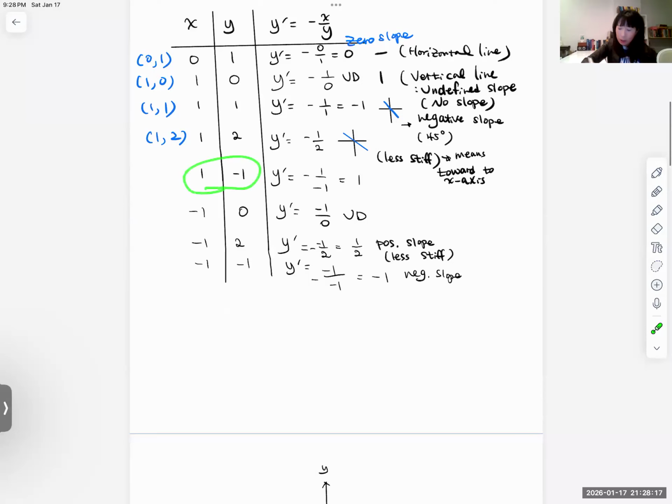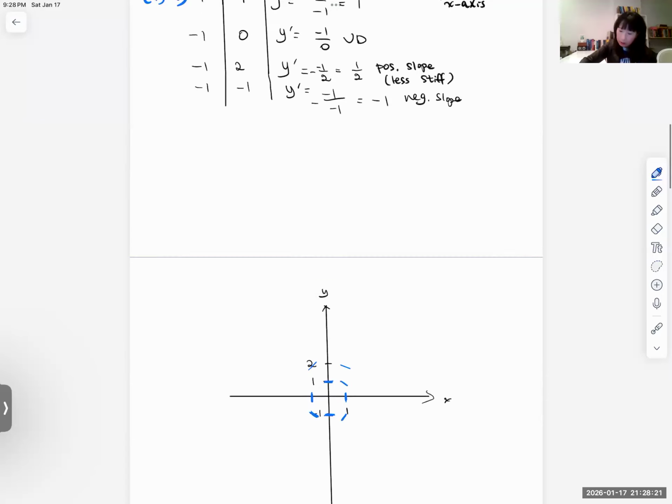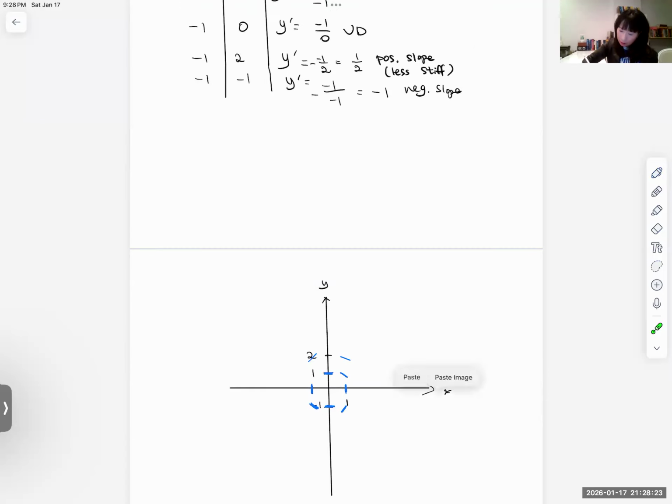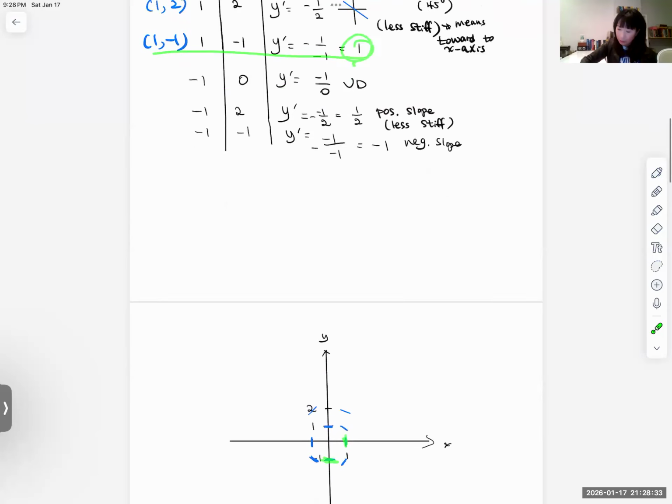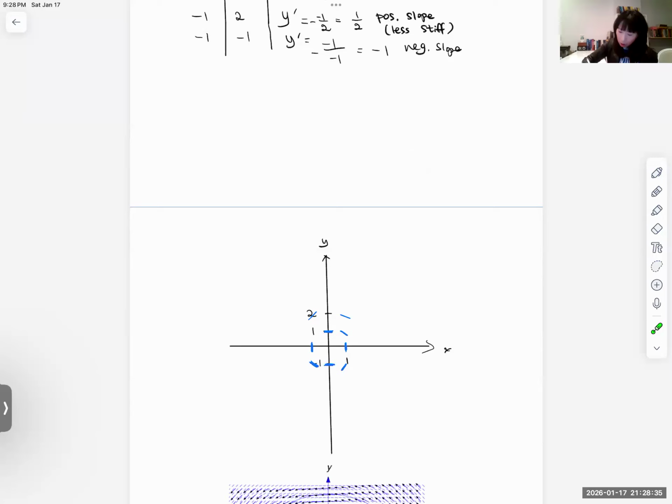Then 1 and negative 1, yeah? So what we have at 1 and negative 1 is a positive 1. So 45 degrees, right? Here is a 45 degree slope, yeah? This is the slope. Make sense to you?